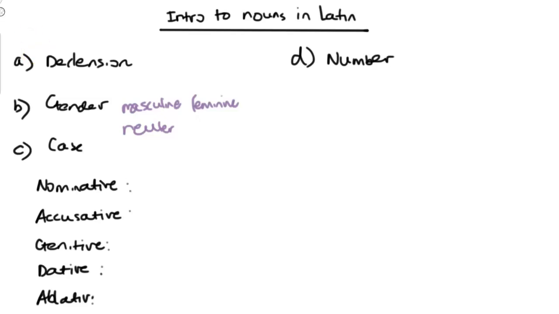The important thing about case is that it tells you the different forms of a noun. A noun will have a different case depending on its function in the sentence, okay? That's really the key point. So I'll write that down here: the forms of a noun determine a noun's function.